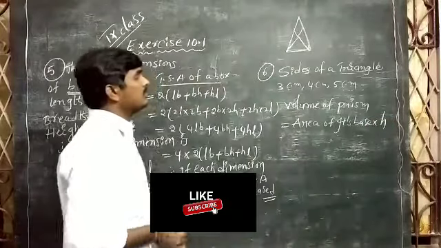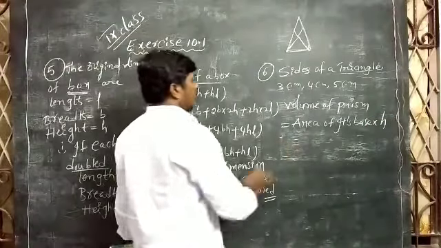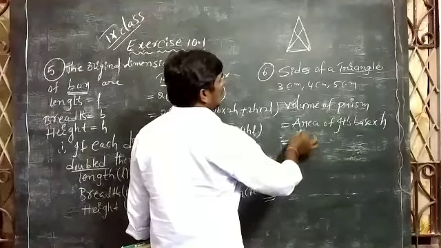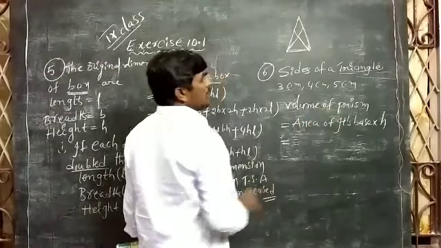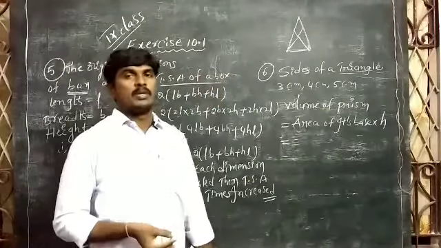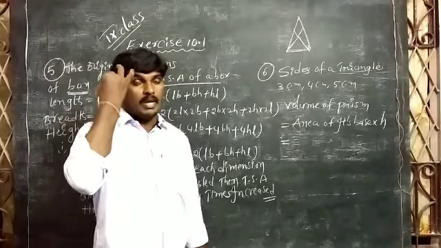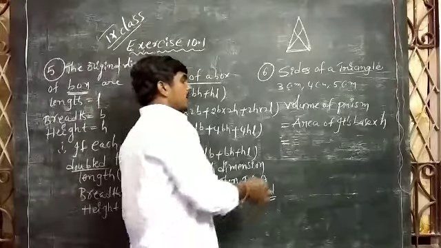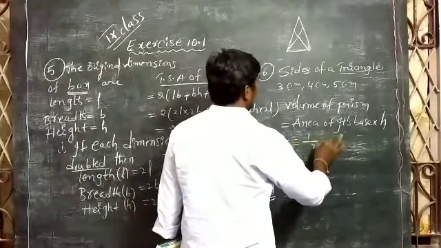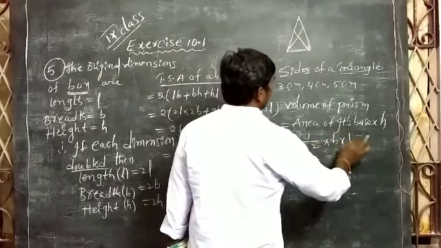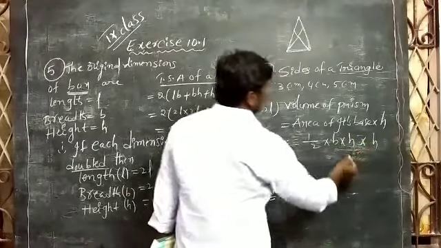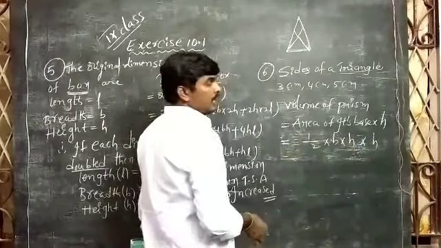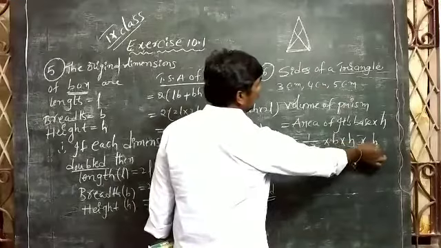H means height of the prism. The base of the prism is triangular shape, so we apply the area of triangle formula: half into base into height, into h. This is the triangle height, this is the prism height.